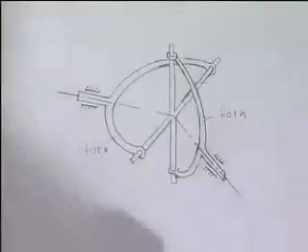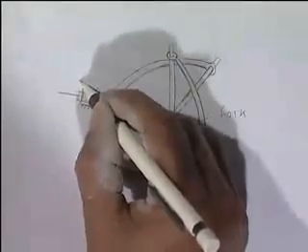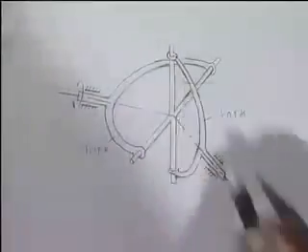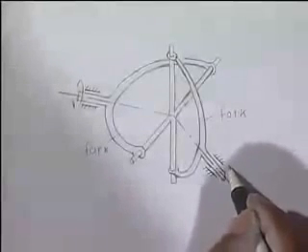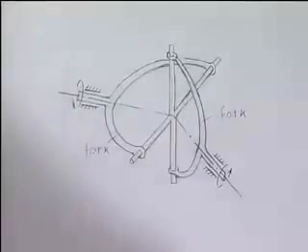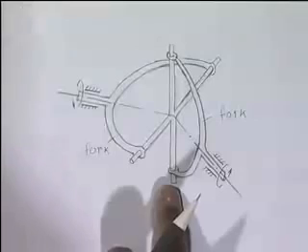Now if this shaft rotates, this cross arm also rotates and it will be able to transmit power to this shaft. This is what is known as universal joint or Hooke's joint.